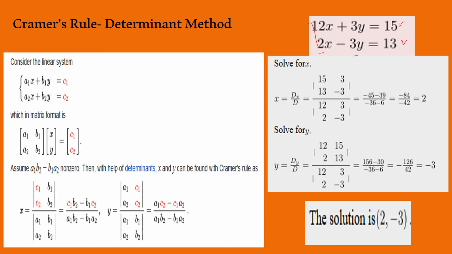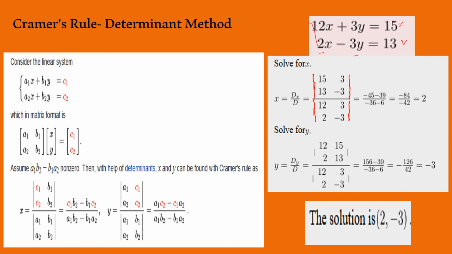So we have the determinant 15, 3, 13, negative 3, and here we have the determinant of the main D, which is the coefficient of x and y, 12, 2, 3, negative 3. When you simplify, you get that as 2.